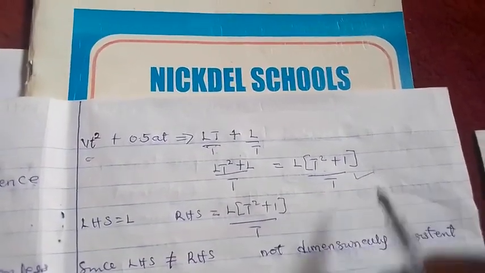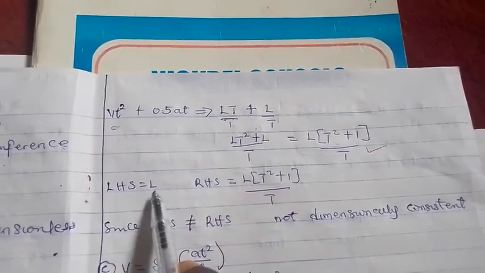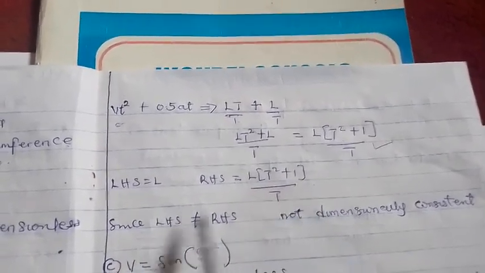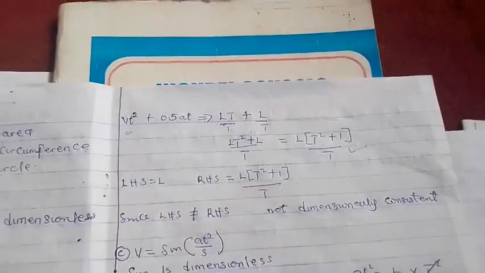The left hand side is L, and the right hand side is this. They are not dimensionally consistent, since the left hand side is not equal to the right hand side.